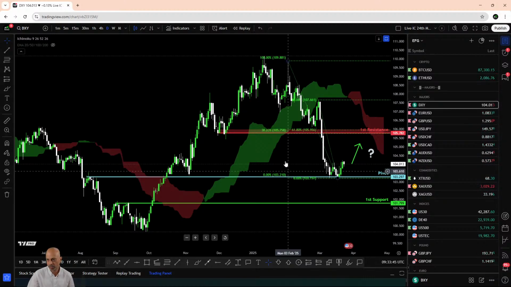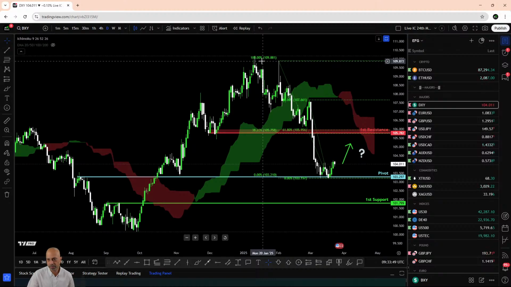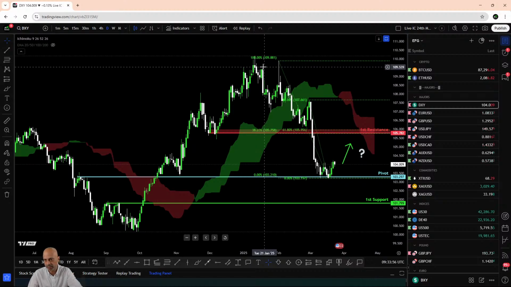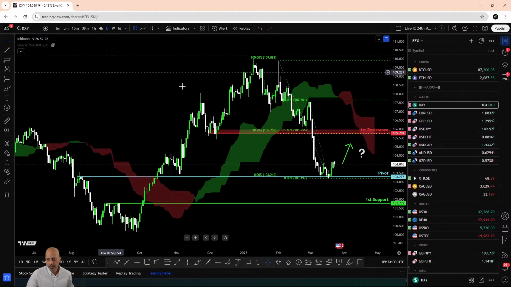All right, so looking at the dollar index, we have seen demand for the dollar tank since mid-January, basically since President Donald Trump came into office. His inauguration was on the 20th of January, and since then the dollar has fallen quite sharply.